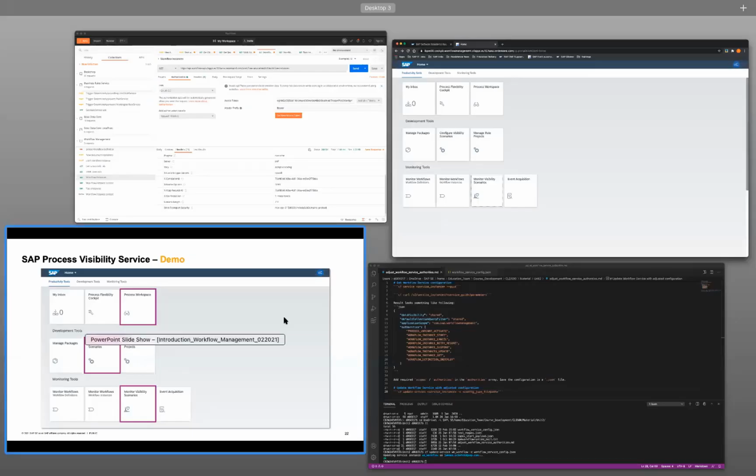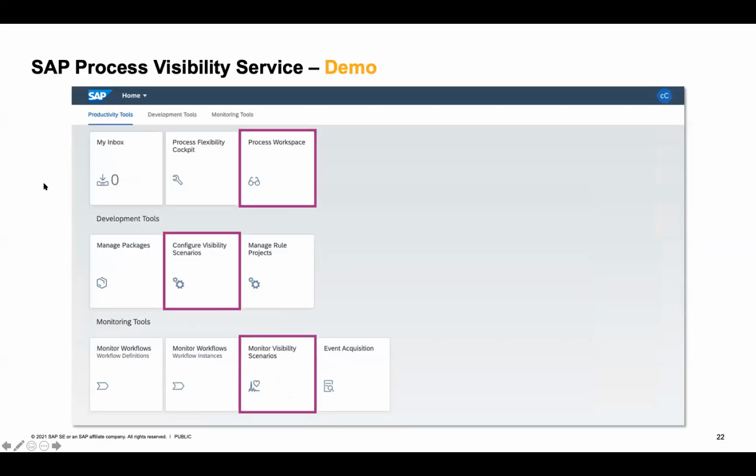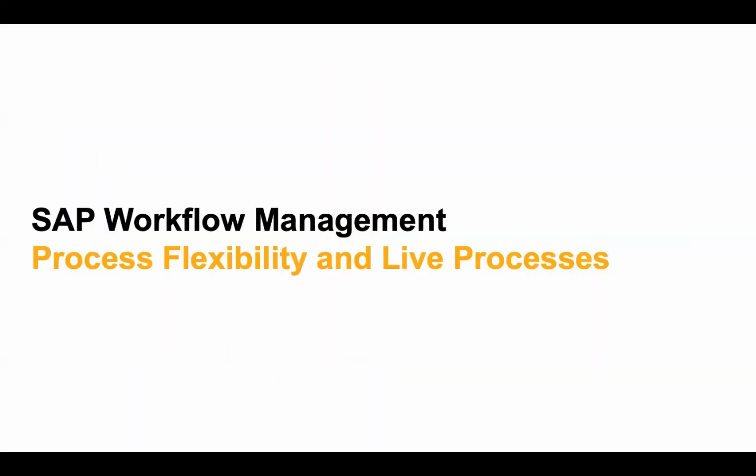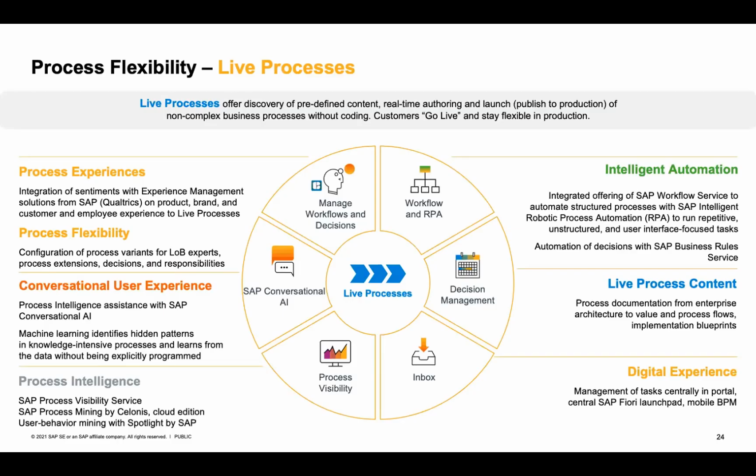So the third service of our services here. Then a quick look into process flexibility in live processes. What is that? So I won't read through everything here. That's too much. Just the most important thing, you see it in the sentence here. I'll just read it out.